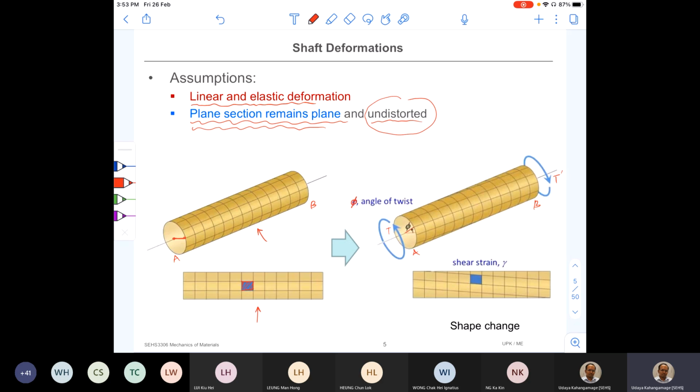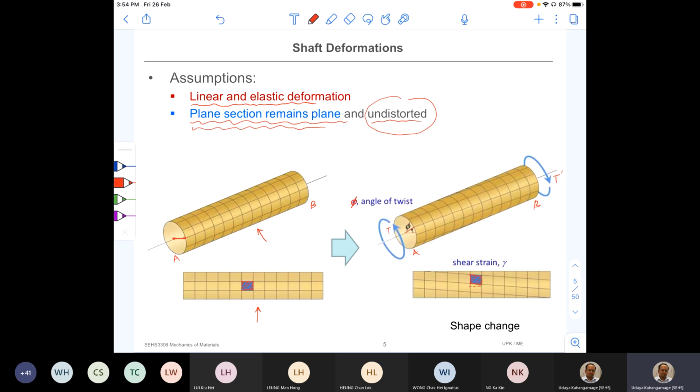Now look at that rectangular shape I have drawn in the first diagram. What is going to happen to that? Now it is going to become like a rhombus, like this. Right? The sides of this rectangular block have not changed, but the rectangular block has been changed into a rhombus. So there is going to be a certain angle change here, right?